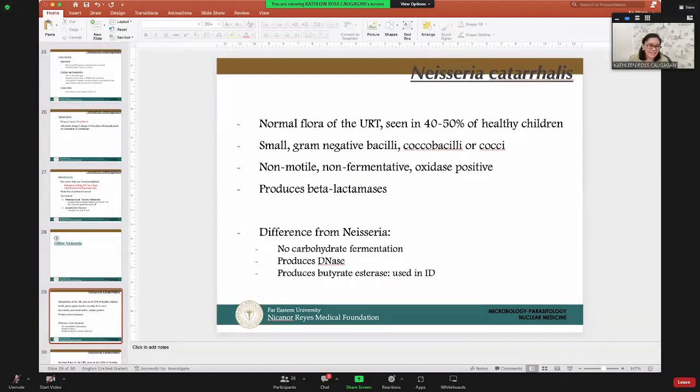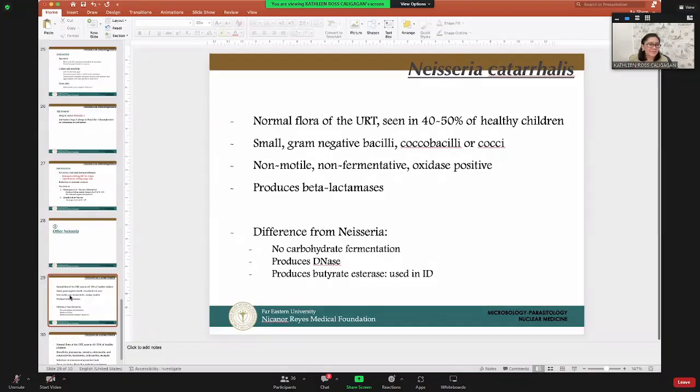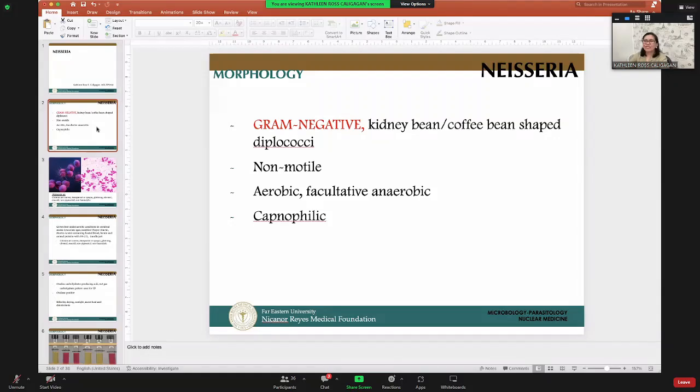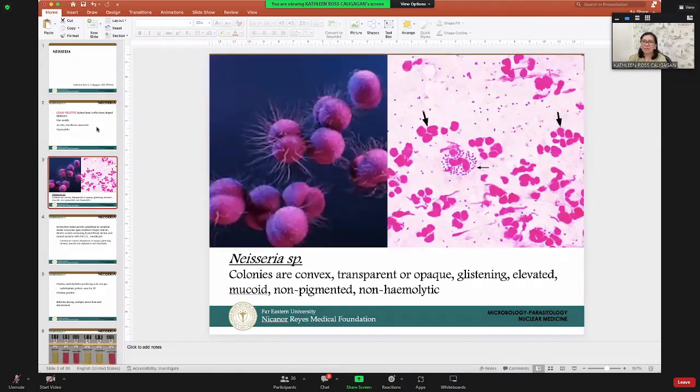So just quickly, let's go over this. Morphologically, they are gram-negative kidney bean shaped or coffee bean shaped diplococci. They are non-motile, aerobic or facultative anaerobic, and capnophilic. On electron microscope, here, the gram-negative diplococci.